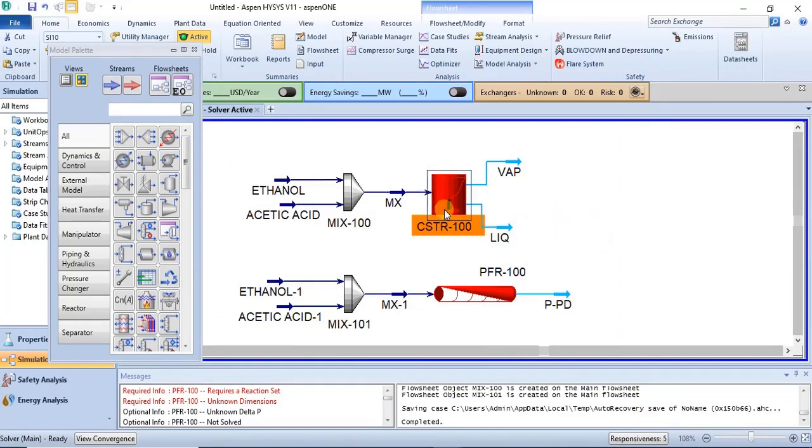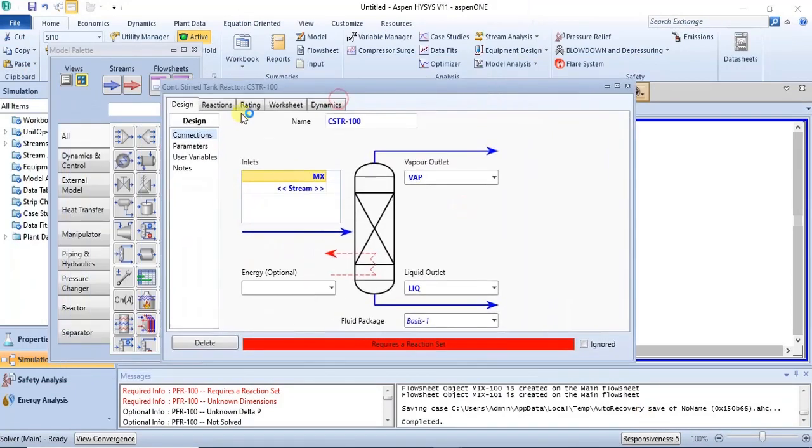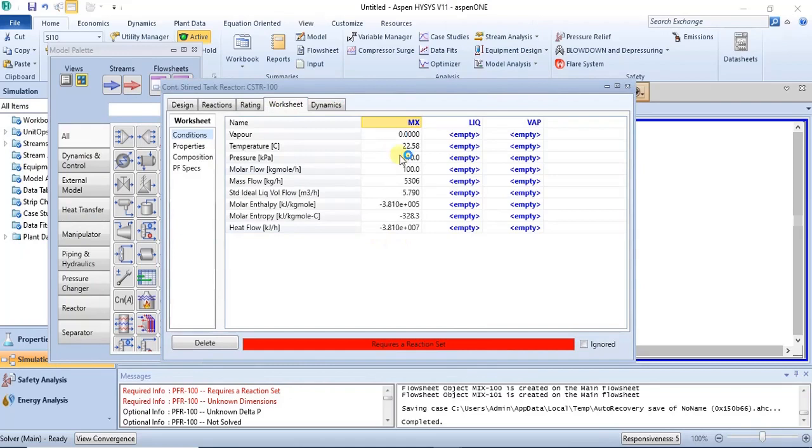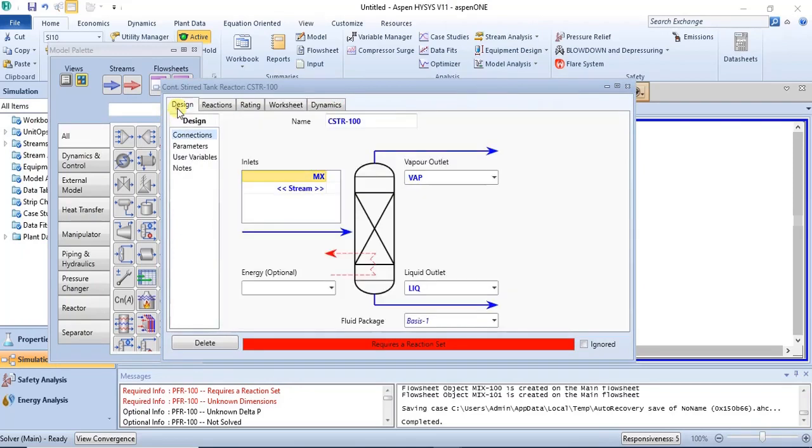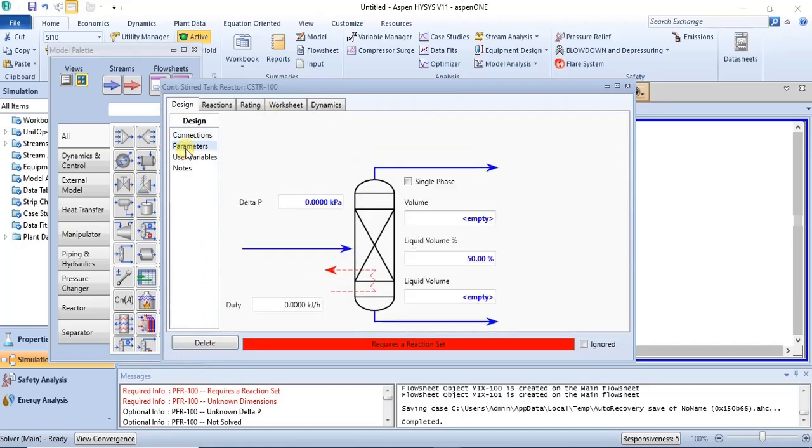The pressure of the inlet is about 110, which is the pressure of the two feeds. We want the CSTR and the PFR to operate at 101 kPa. So what we can do is to specify pressure drop.